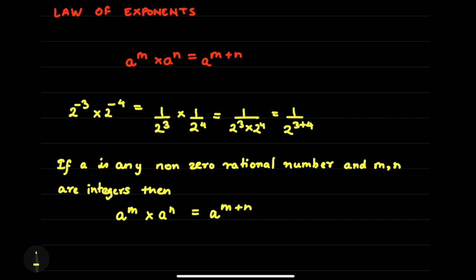So we can say in general that if a is any non-zero rational number and m and n are integers, that includes both positive and negative integers, then a to the power m into a to the power n is equal to a to the power m plus n. I hope this is a lot clearer now.